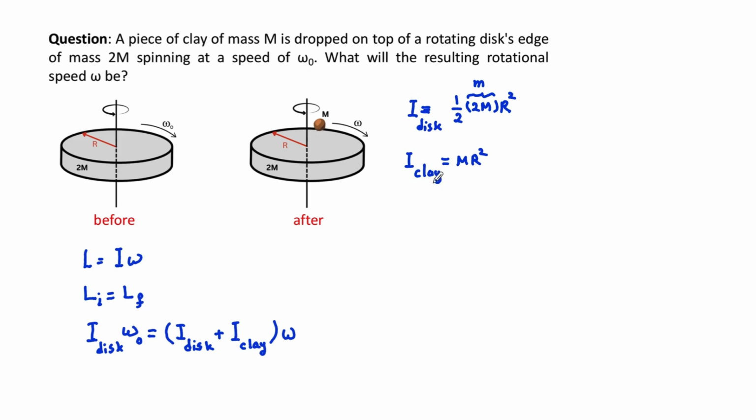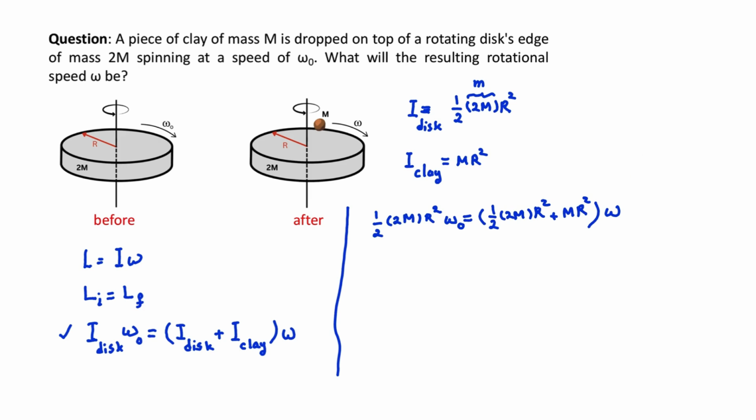We need to substitute these in this equation. So we get 1/2 2m r squared times omega 0 equals 1/2 2m r squared plus m r squared, times omega.